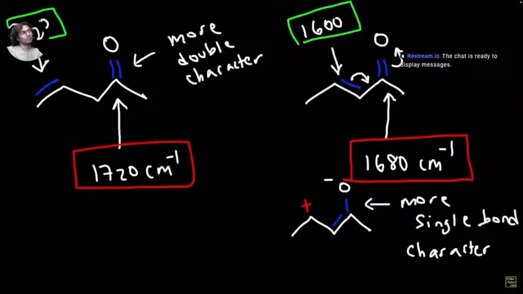We said that double bonds have a higher wave number than single bonds. So because this ketone has more double bond character, it makes sense why it would have a higher wave number than the ketone with less double bond character. So as we've considered before, as the bond strength goes up, the wave number goes up. Double bonds have a higher wave number than single bonds.